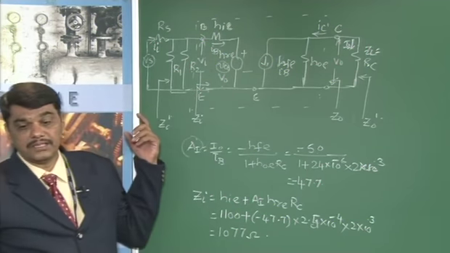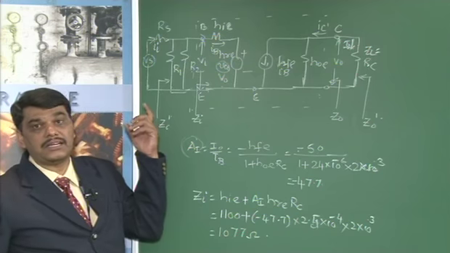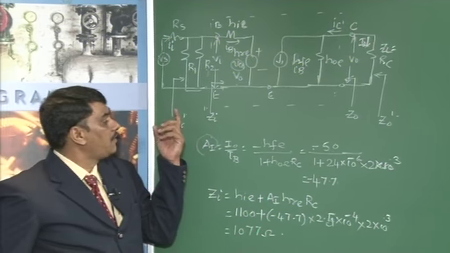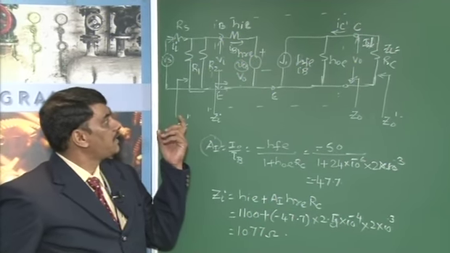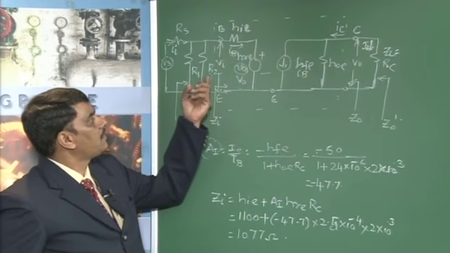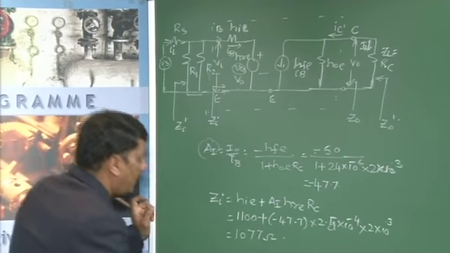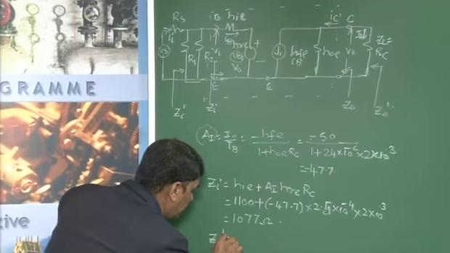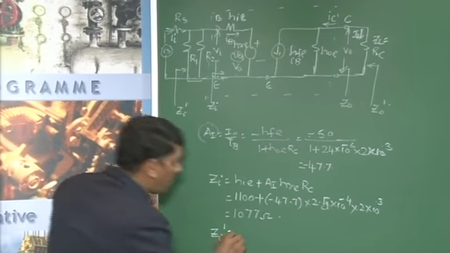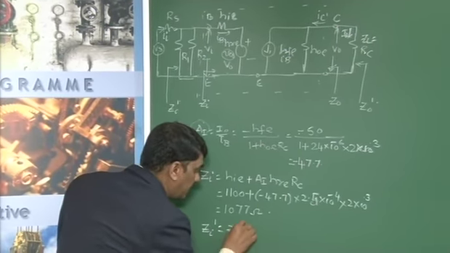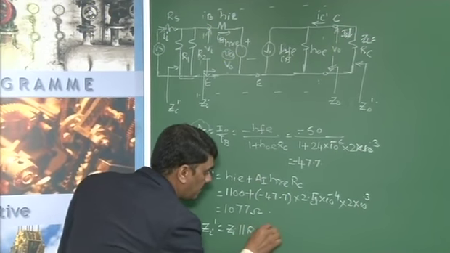In this case, if the transistor is a voltage divider biasing amplifier, then you have to determine the actual input impedance. If you take the resistances R1 and R2 into account, then Zi dash is the parallel combination of Zi, R1 and R2.